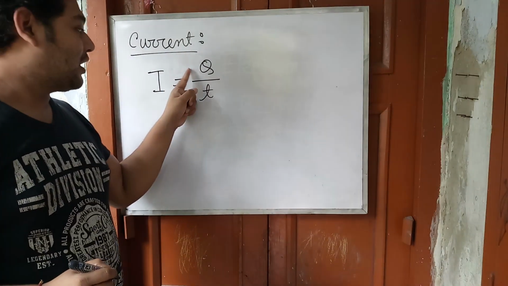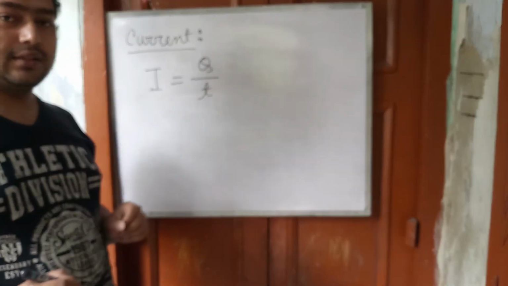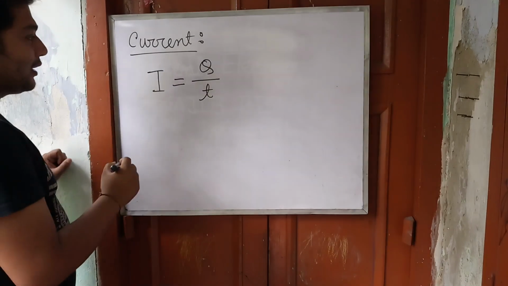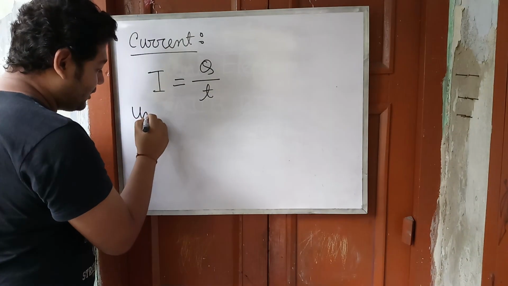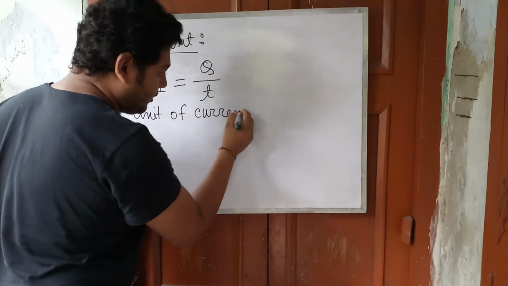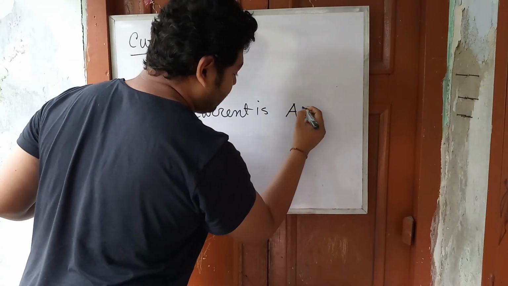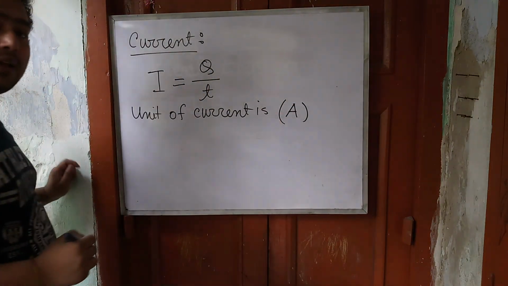We can write that charge per unit time is called current, and the unit of current is ampere. Ampere is denoted by A.